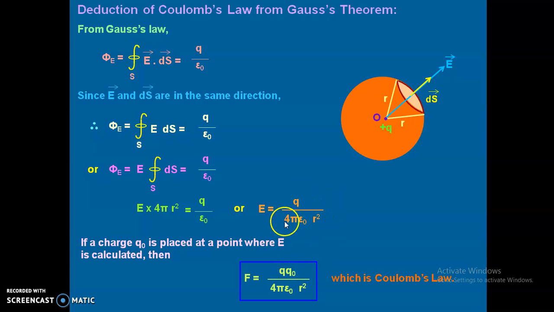When q naught is multiplied in this expression, we obtain F is equal to q q naught upon 4 pi epsilon naught r square, or more precisely, F is equal to 1 upon 4 pi epsilon naught q q naught by r square. That is the expression for what? Coulomb's law. So here we have obtained Coulomb's law from Gauss law.